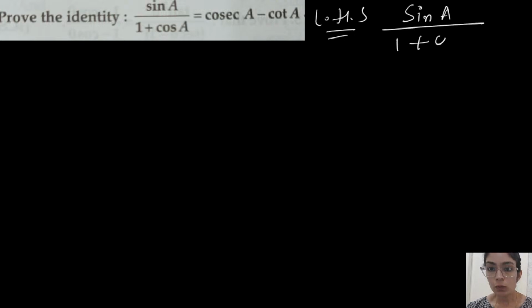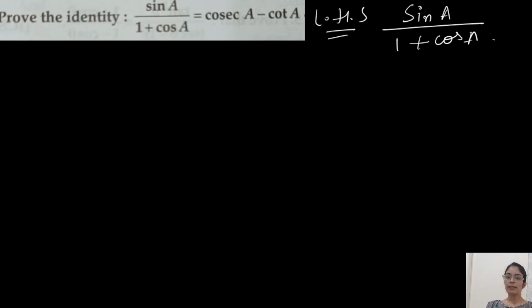Next question, again I am going to utilize the left hand side here. Like I told you, we can look at both the sides. So the left hand side is sin A by 1 plus cos A. How should we start this question?